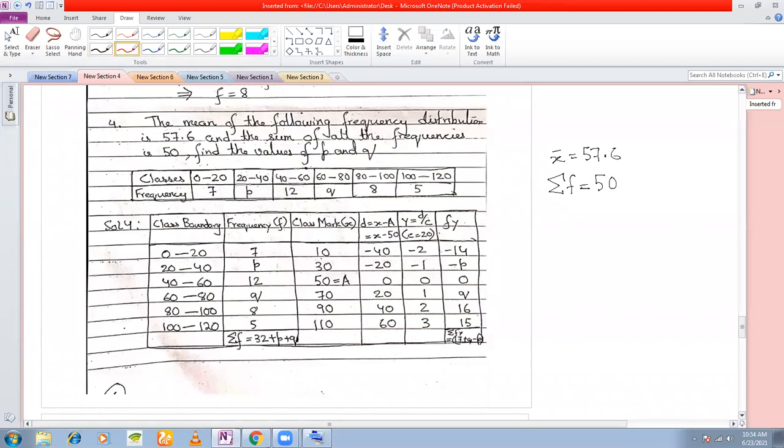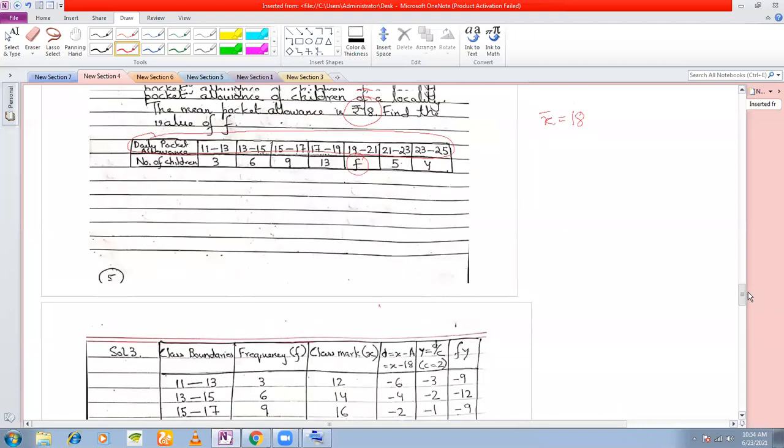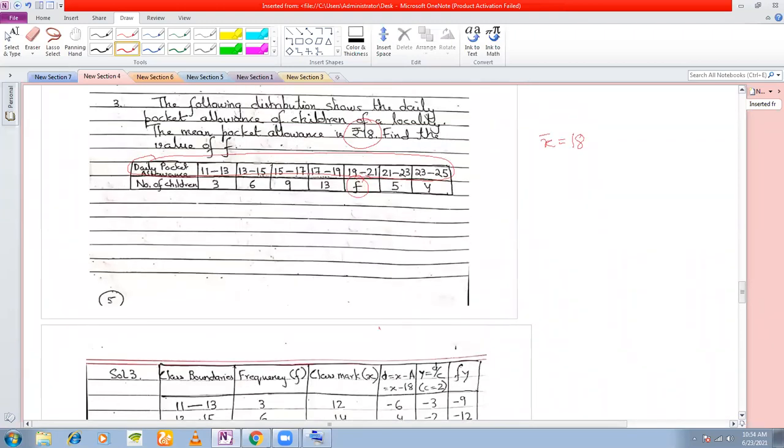Now see here you have two missing frequencies, P and Q. Now just comparing with the earlier problem. In the earlier problem, we had one missing frequency and the mean was given. With the help of this mean, we found out this missing frequency, F, right?